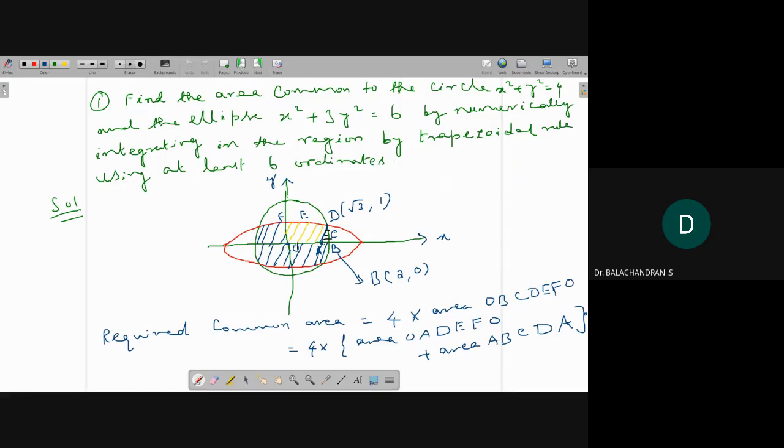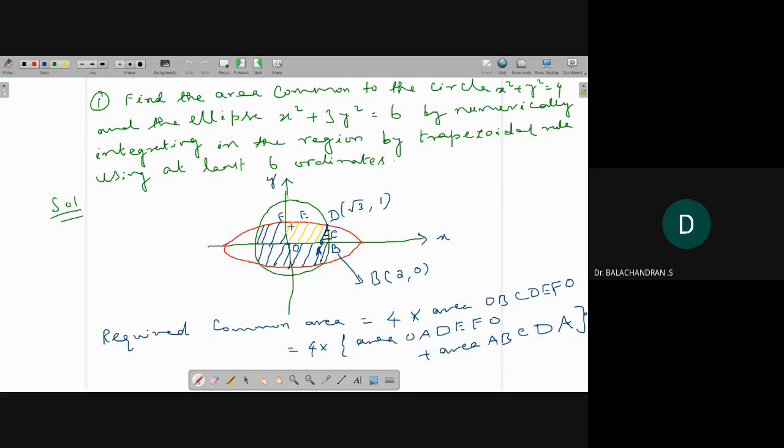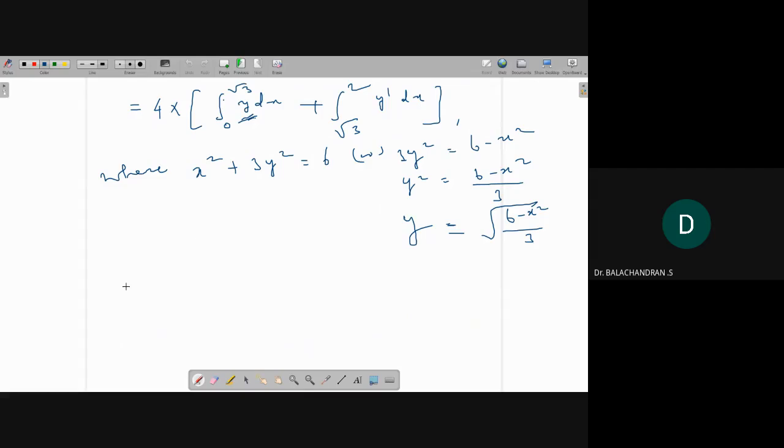So here we can see that x ranges from 0 to root 3, and here x is varying, y is fixed. But here we need to consider the equation of the ellipse, because here the points are touching the ellipse. Next, we need y dash.